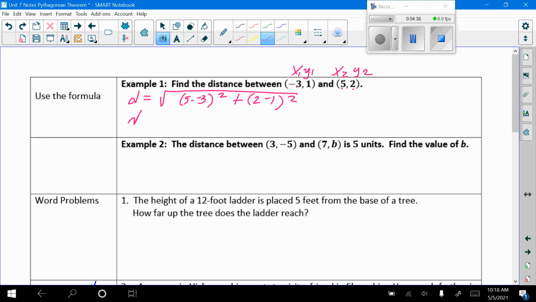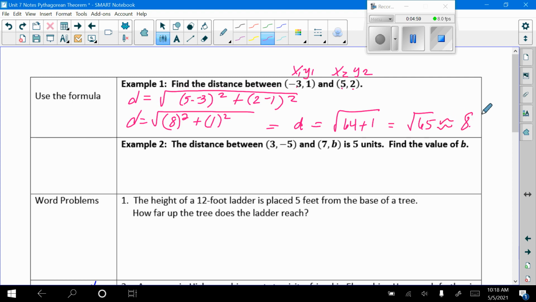So my distance is equal to the square root of, this is a plus, so it's going to be 8 squared plus 1 squared. Distance is equal to the square root of 64 plus 1, square root of 65, which is approximately 8.1.